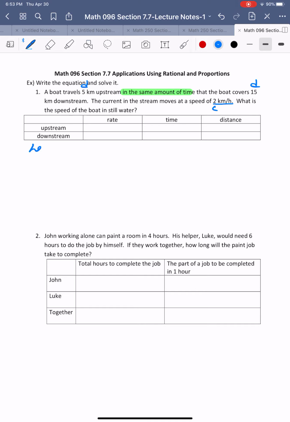So I want to say that r is the speed of the boat. Upstream, of course, there's the speed of the boat, but the water is going down and the boat goes up, so you need to take away the speed of the water from the speed of the boat.